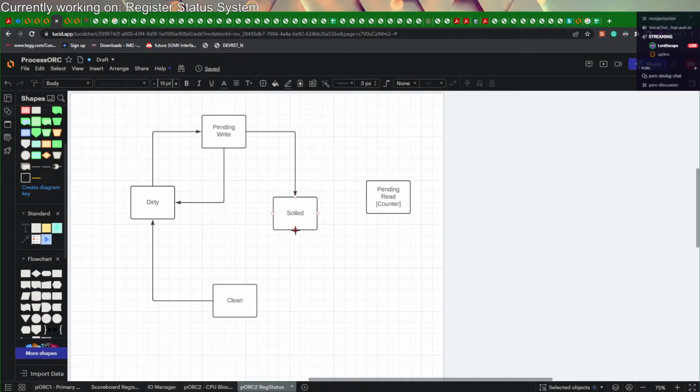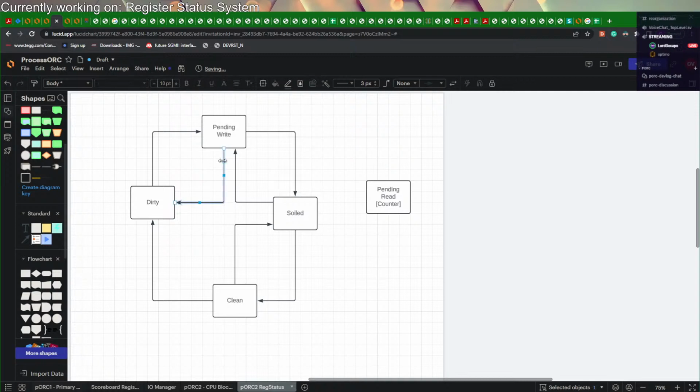Then from soiled, you can go clean, or you can also go from clean to soiled. Soiled just means it was recently dirty.